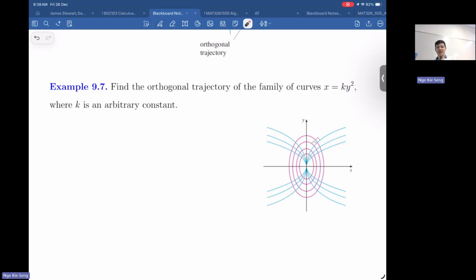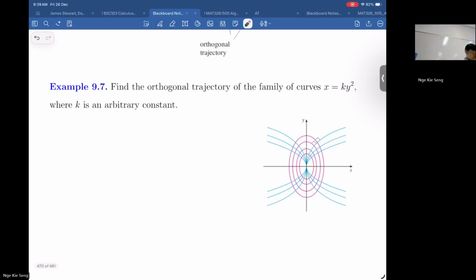But we're going to use a differential equation to do it, because a differential equation will tell you the gradient at every point. Because we want a family of curves, you need a family of gradients. So this is how the differential equation comes in.